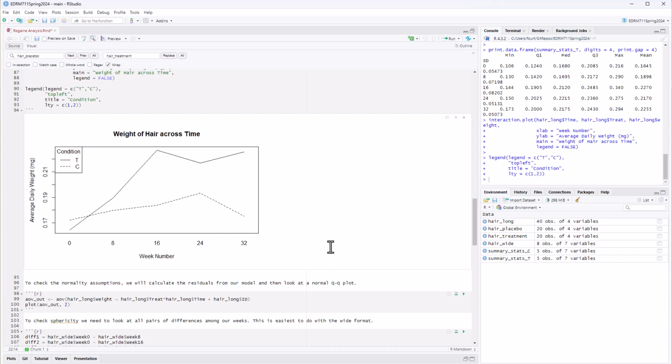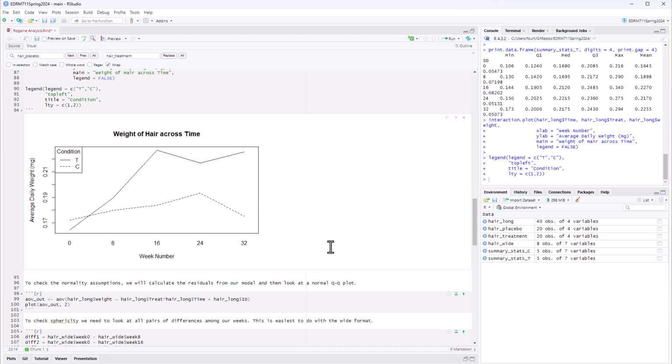That wouldn't tell us a whole lot, would it? Taking the average across all these week numbers when you're primarily interested in what kind of change you have across the weeks. So the main effect here would not be of interest even if there wasn't an interaction, because we'd be averaging across the weeks, and that doesn't mean a whole lot. The whole idea here is to see what kind of change we get across the weeks.